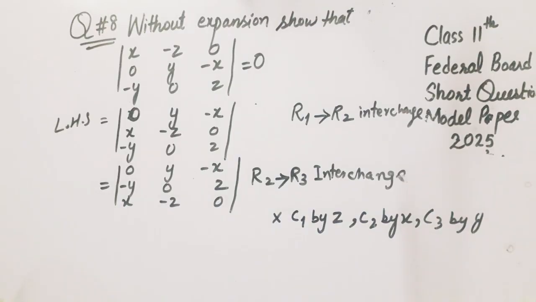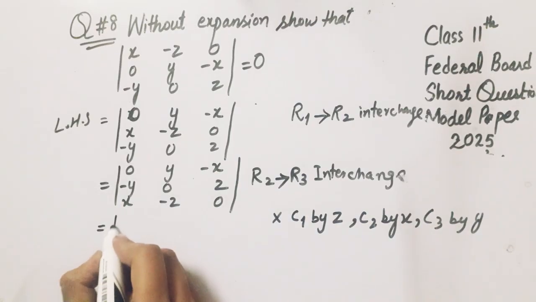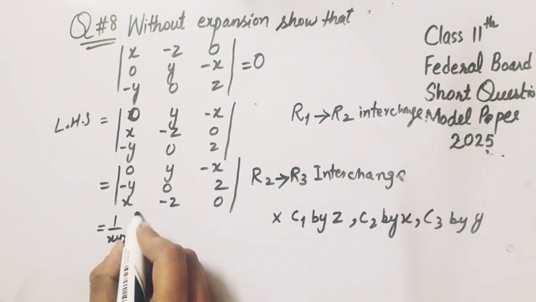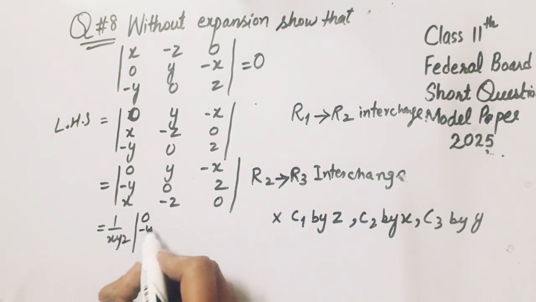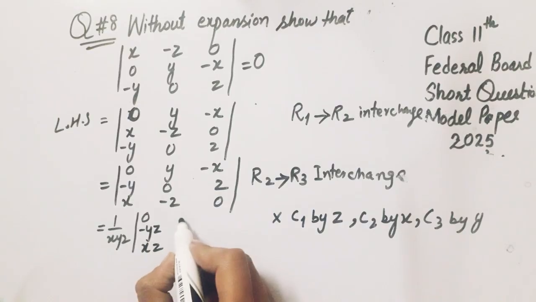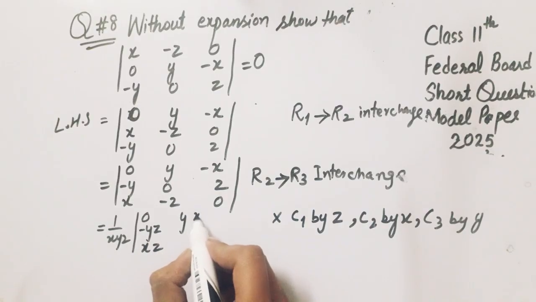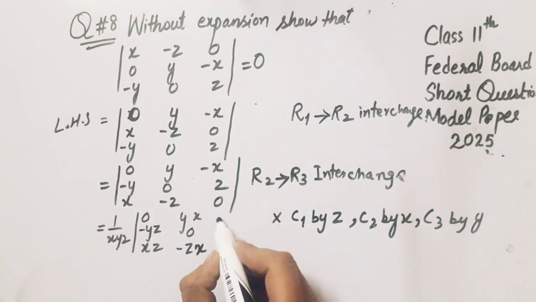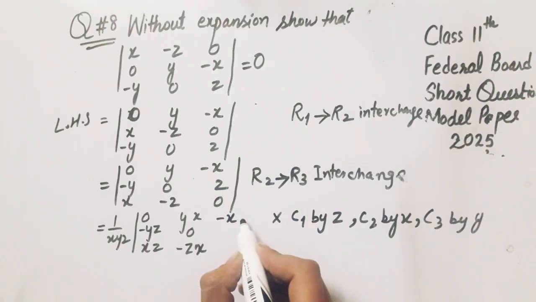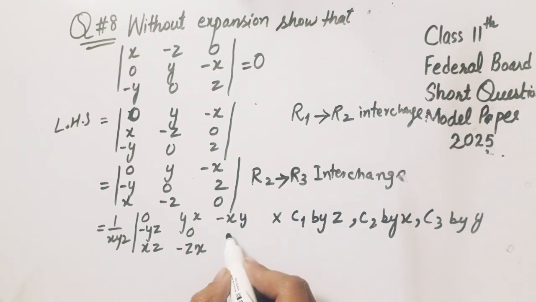Now you will get 1 by xyz times the determinant 0, minus yz, xz; yx, 0, minus zx; and here you will have minus xy, zy, and 0.